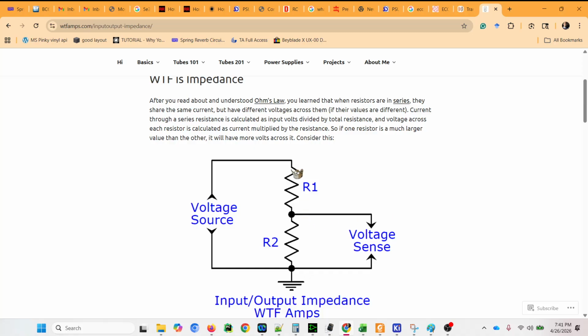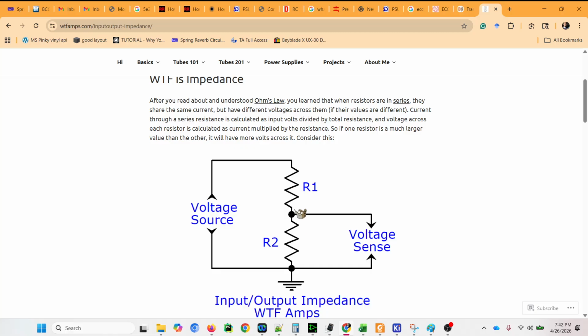Let's say the wiper is up here, and you have 90% of the resistance on the bottom and 10% of the resistance on top. You only lose 10% of your signal. So if we think about this resistor here as the output impedance of our tube preamp, and we think about this resistor here as the input impedance of our mixer, we want to make this output impedance as small as possible.